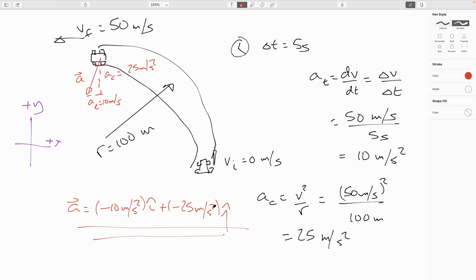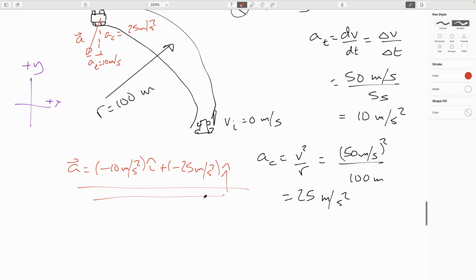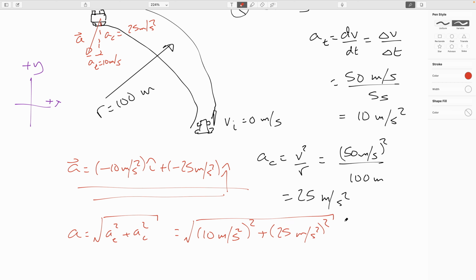Or if I wanted to get the magnitude of it, I could say that the magnitude by the Pythagorean theorem is the square root of the tangential piece squared plus the centripetal piece squared, since they're at right angles to each other. So this will be the square root of (10 meters per second squared) squared plus (25 meters per second squared) squared, which gives me 26.9 meters per second squared.